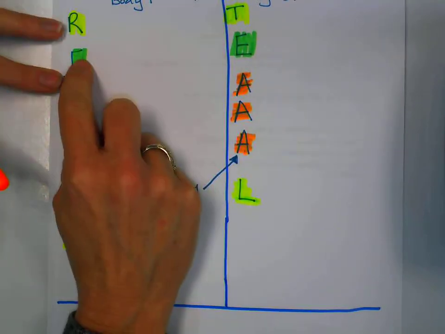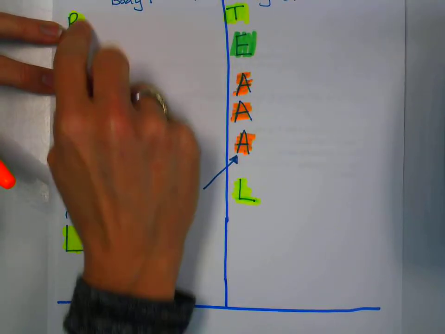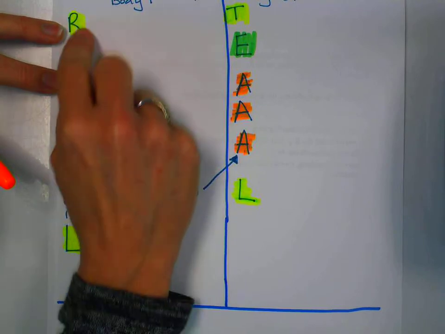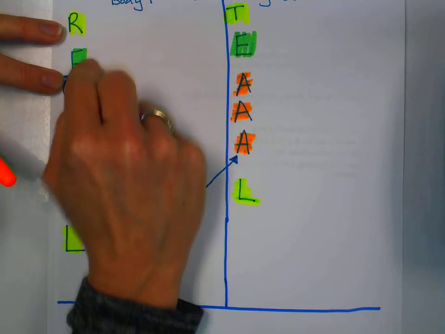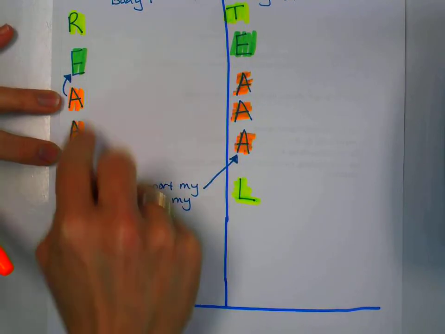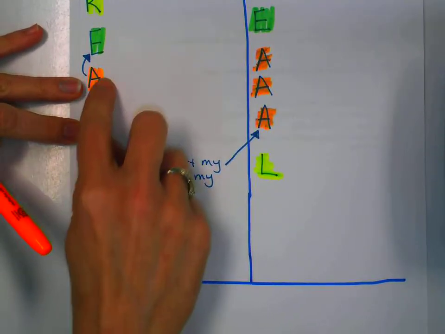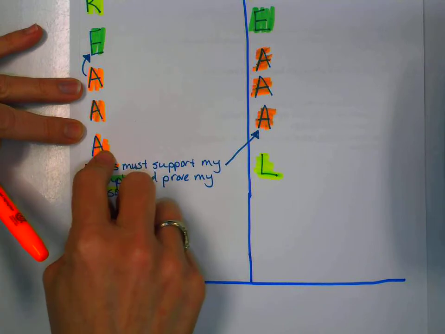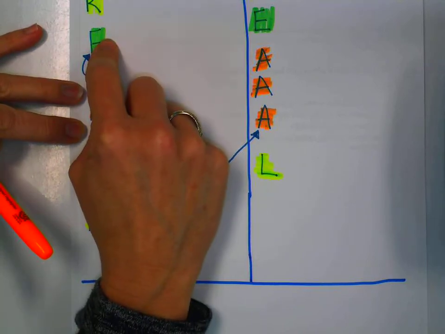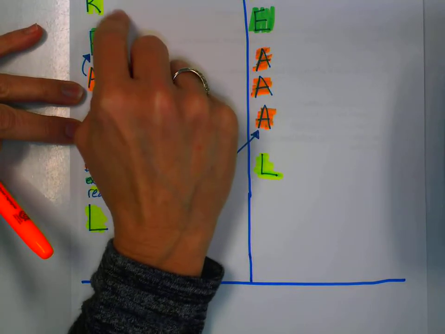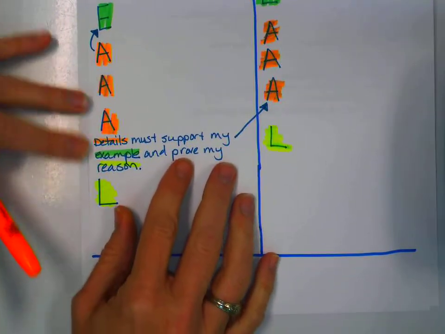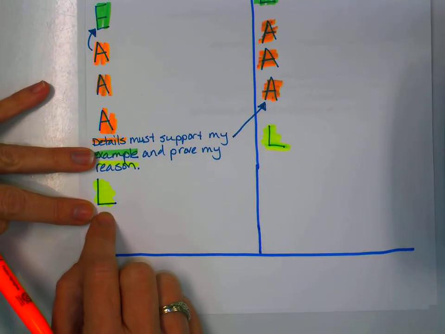You give an example that proves reason number 1, a specific example. I want to see imagery. I'm going to add my details. This is where I add all my imagery, my figurative language, my vocabulary that proves my example and supports my reason. Okay? So then I'm going to have my link it back sentence.